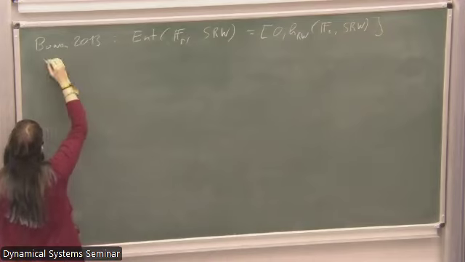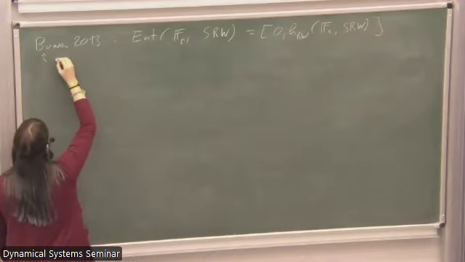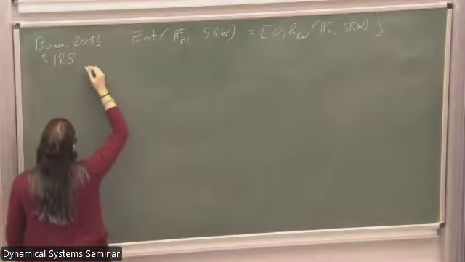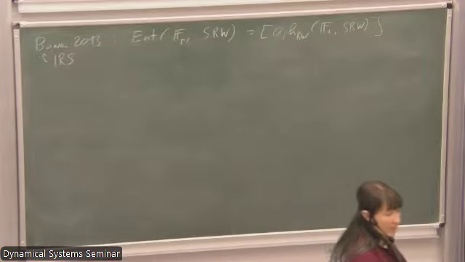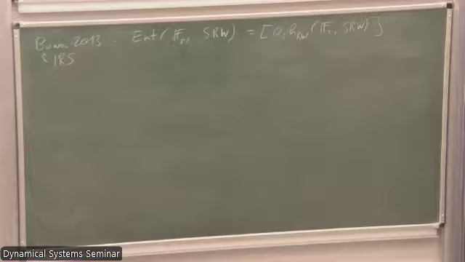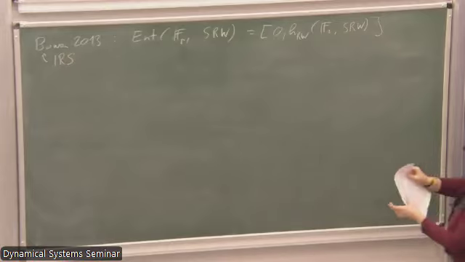And the technique he used is very nice. It's with invariant random subgroups, so IRSs is what he used. You can compute it. It's not so difficult.